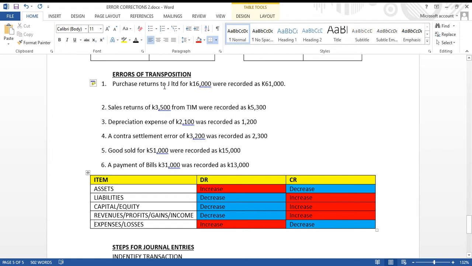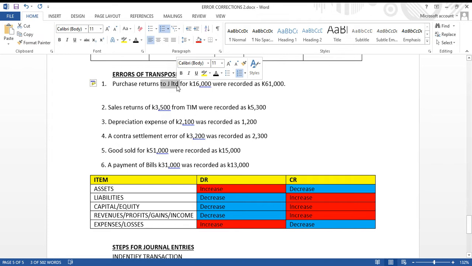Then we're returning these goods back to our supplier, who is a payable. We're owing them money. Obviously, we got these goods on credit. Now we've returned some of them. So as we return some of the goods, the amount we're owing our supplier, or payable, reduces.